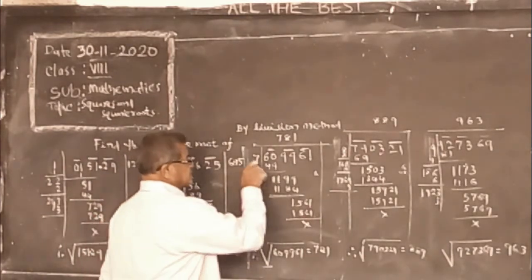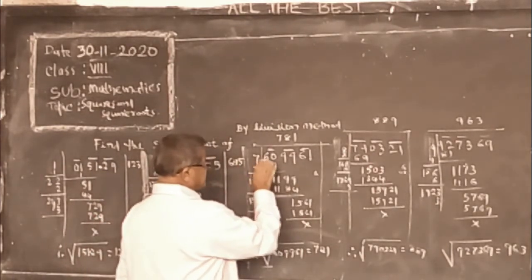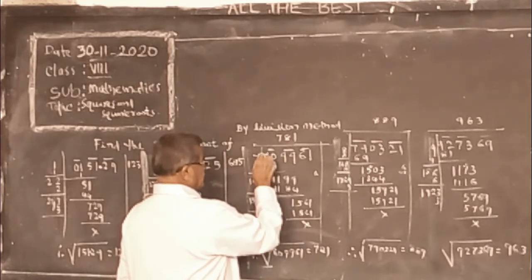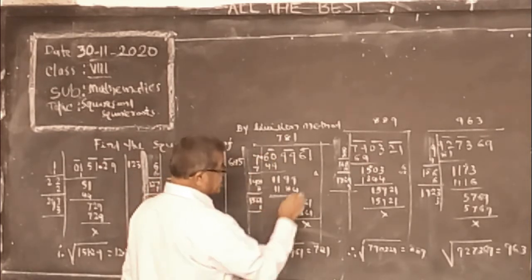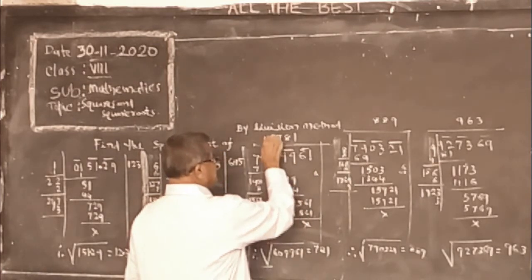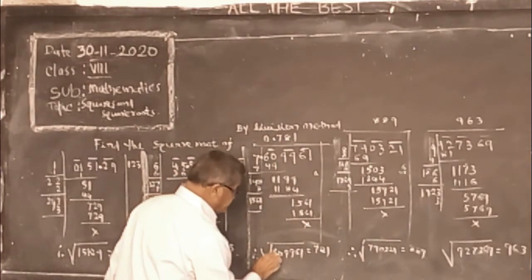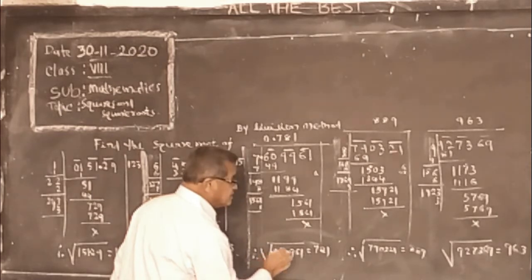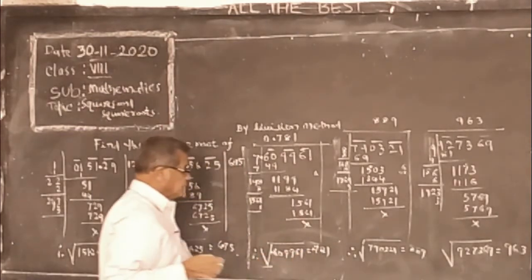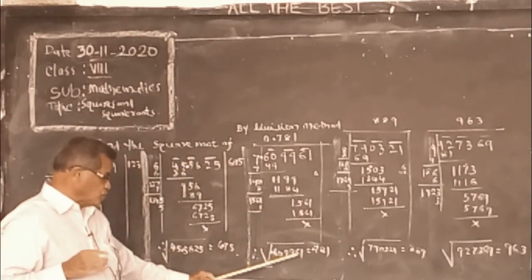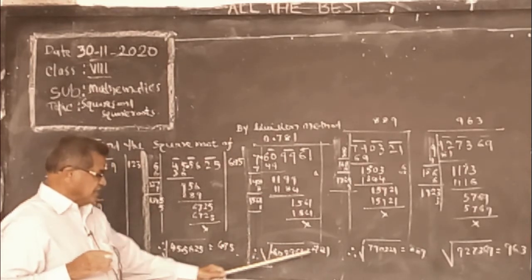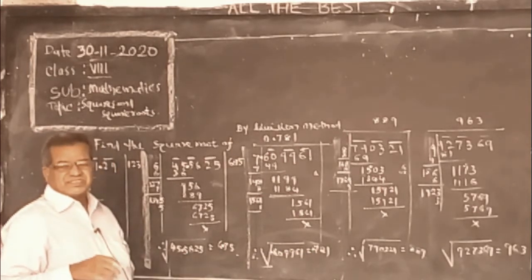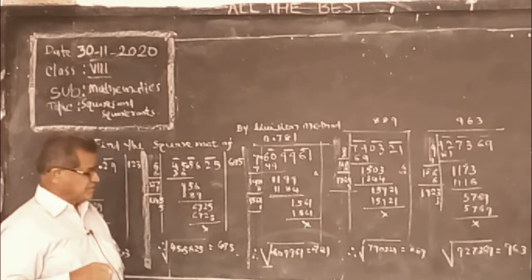Now I am taking here 6. 6 digits means decimal. So here also we take decimal 0. First decimal is there. Here also decimal 3. 6 digits: 1, 2, 3, 4, 5, 6. The square root 3. Make half.